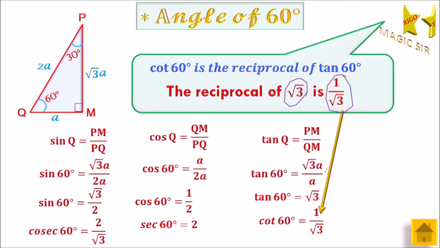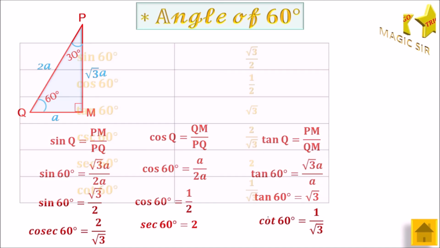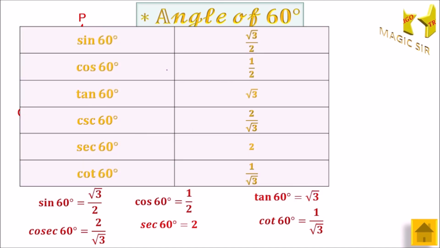Hence, tan 60 equal to root 3, then cot 60 is equal to 1 upon root 3. Hence, we have found six trigonometric ratios of 60 degree. Look at the table.